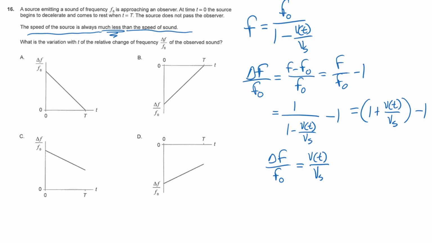And we're told that the source decelerates uniformly and stops at time T without passing the observer. So this means that the velocity decreases linearly from some initial velocity, which we'll call v sub 0, to some final velocity at a time of T. That's when it comes to rest, so a velocity of 0 there.